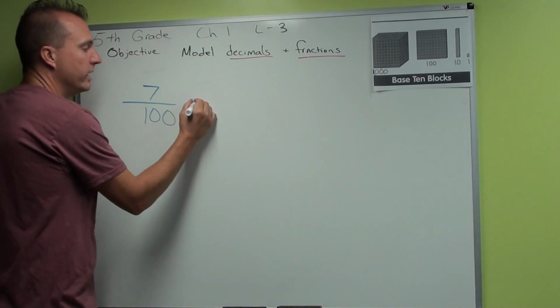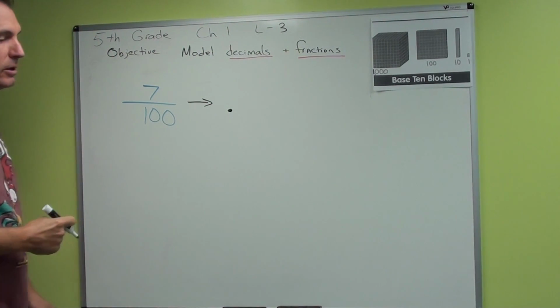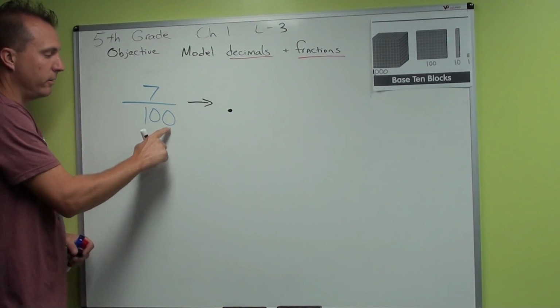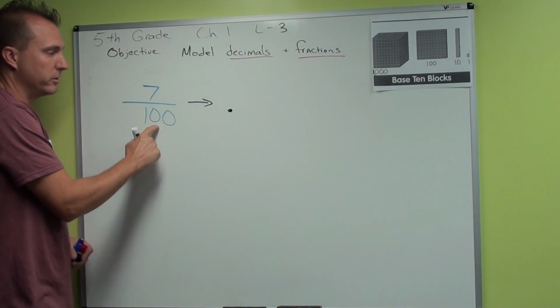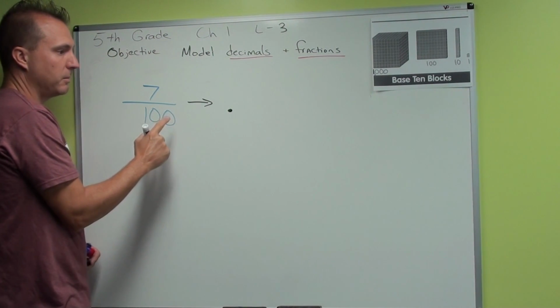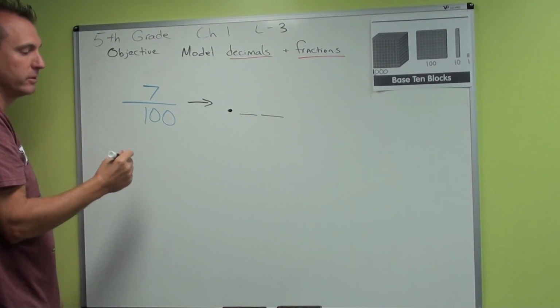I'm going to go right to the decimal. So now you should be thinking, okay, I count the zeros. How many zeros are there? 1, 2, 2 zeros. That means I make 2 underlines. And there's a trick here.